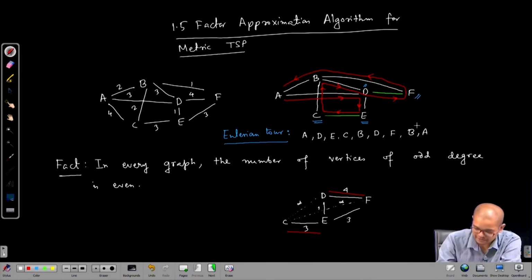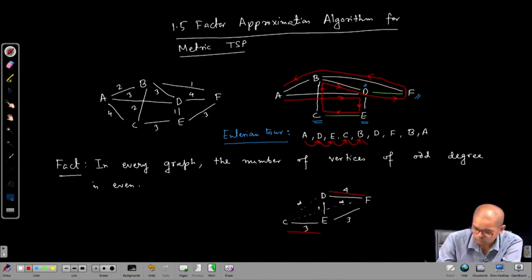Now, what we do here? We do a short circuiting. For example, from A I go to D because D is unvisited, from D I go to E because E is unvisited, from E I go to C because C is unvisited, from C I go to B because B is still unvisited, but from B I do not need to go to D because D is already visited.